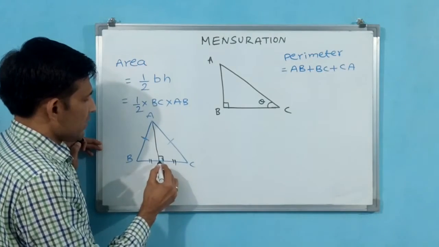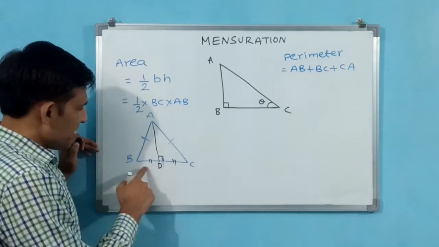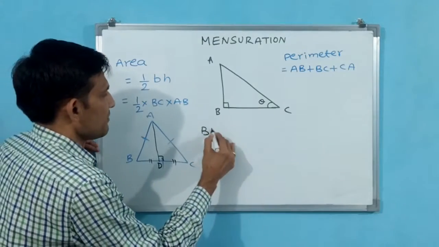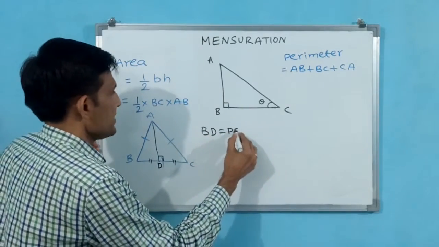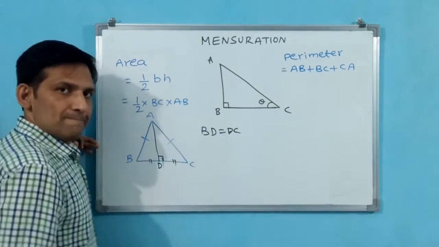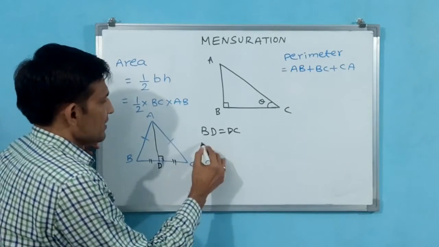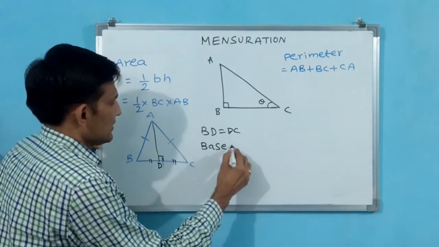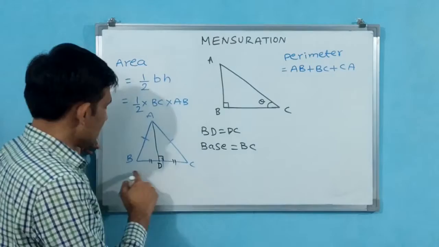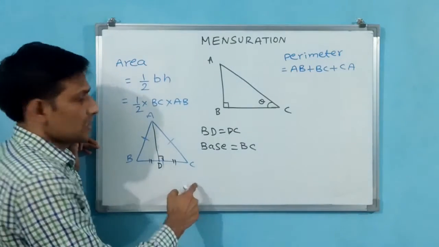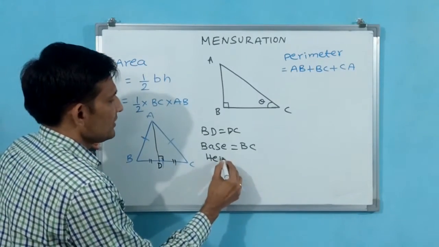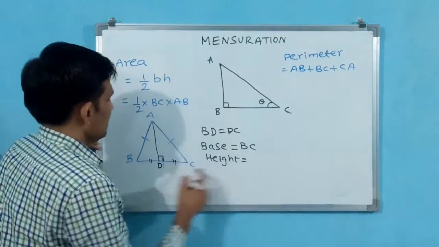You can call this point D. Now BD is equal to DC. That also you write. Here base is BC, total BC, and height is AD.